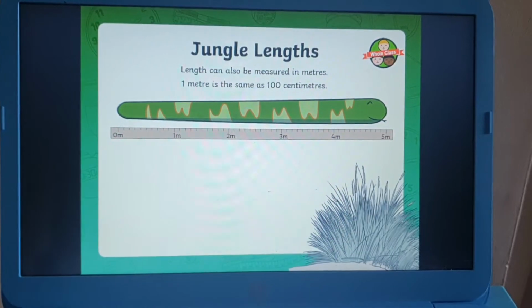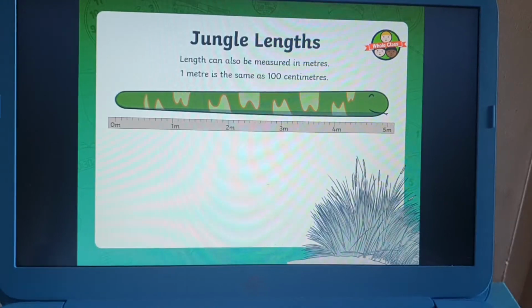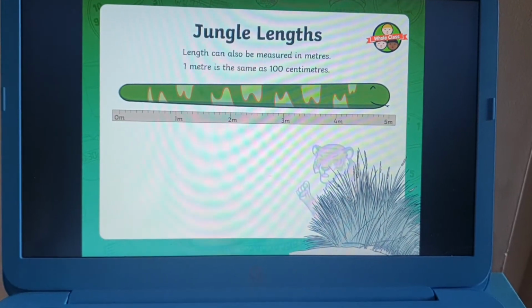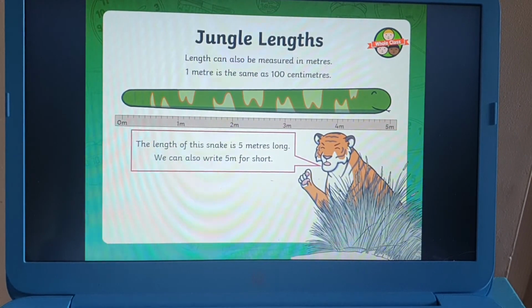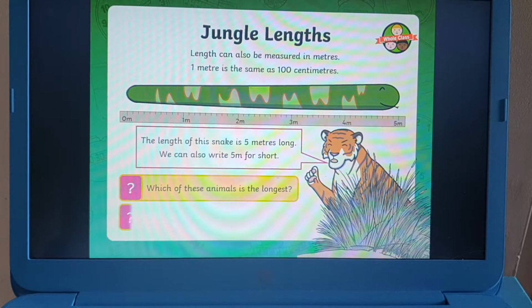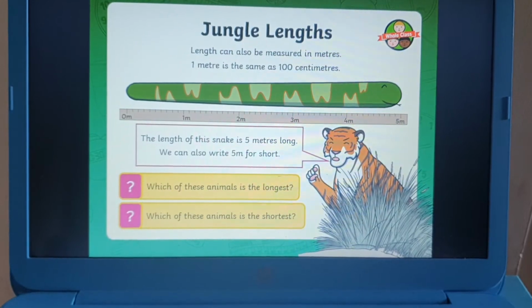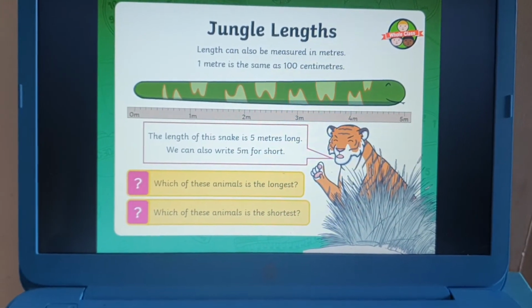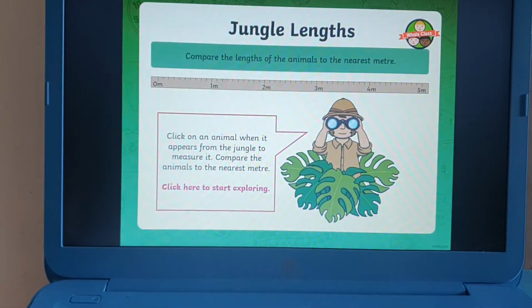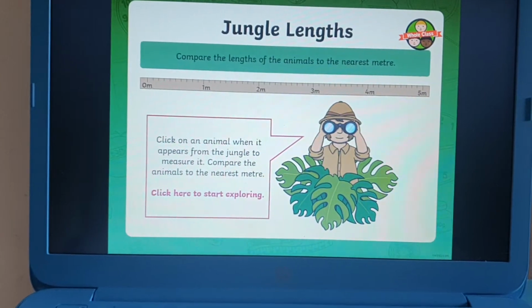If you want to give that measurement in centimetres, it would be 500 centimetres. So, the snake was longer than the worm, but we're now going to look at some different animals.